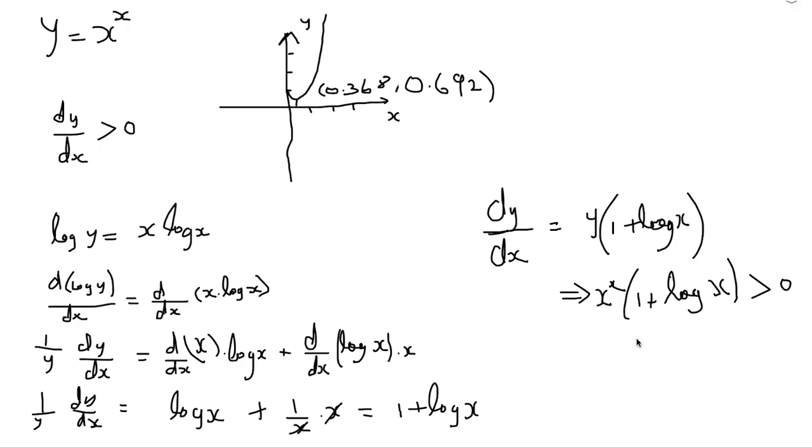So what we're going to do is, we're going to do 1 plus log x, set this greater than 0. Now log e x greater than log e 1 by e, because we have 1 here, taken to the other side, this is what we get.